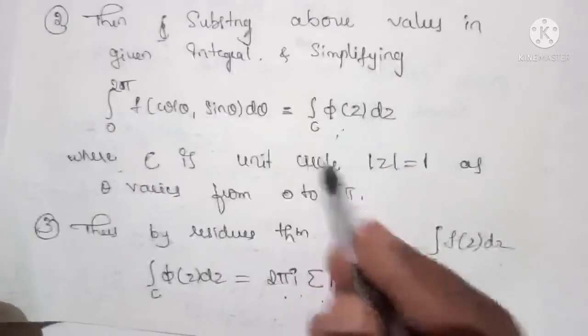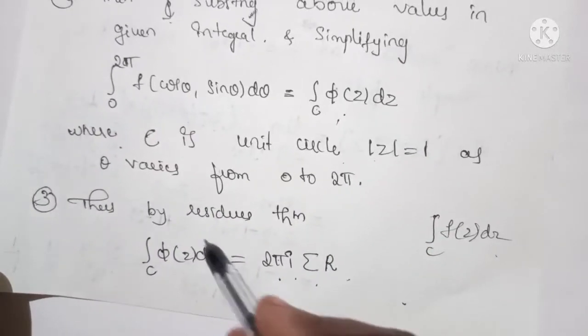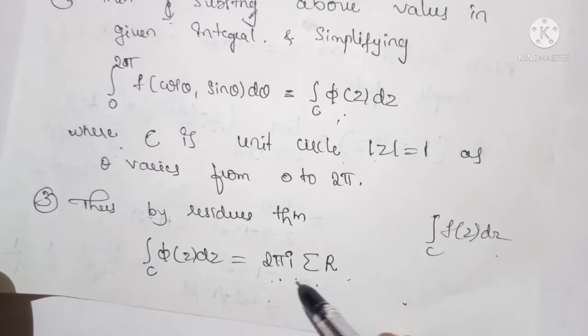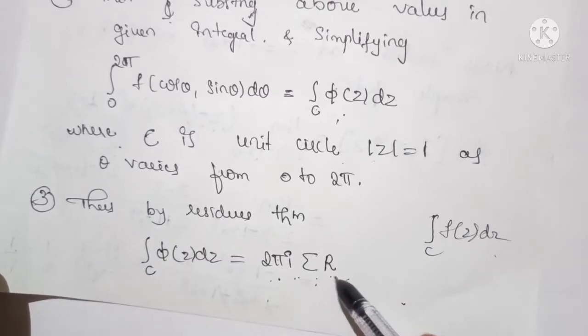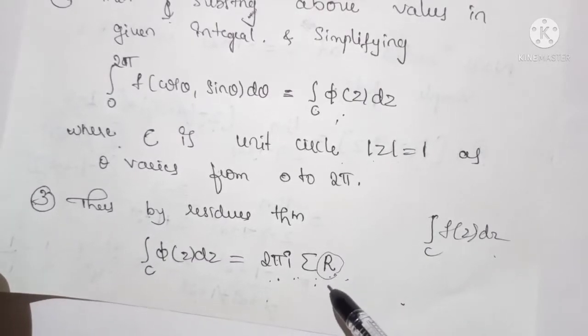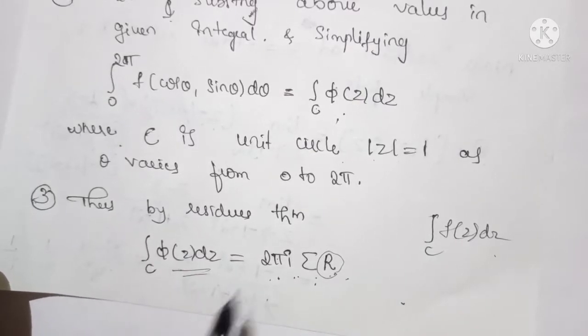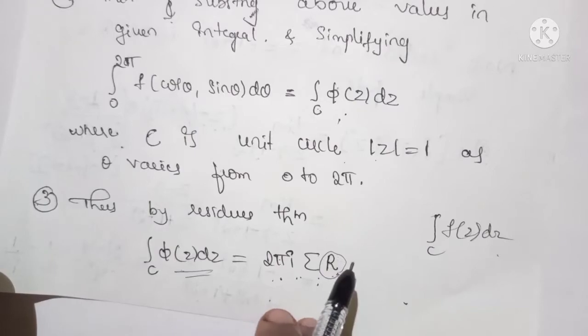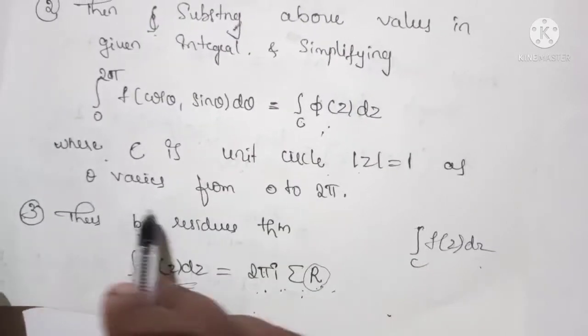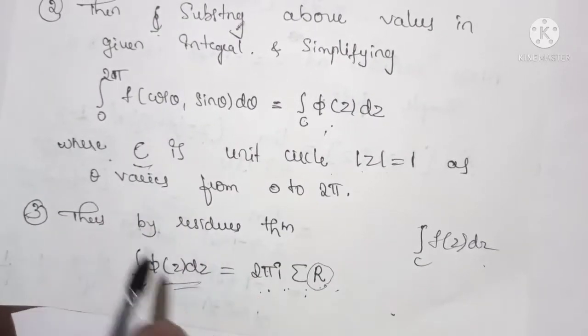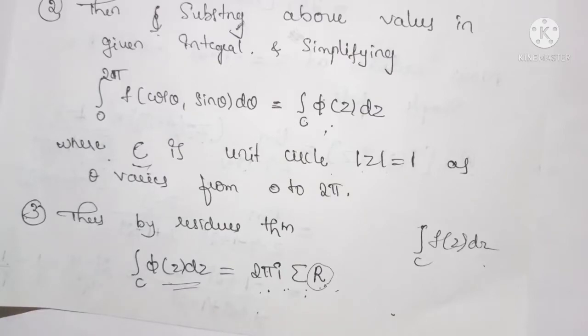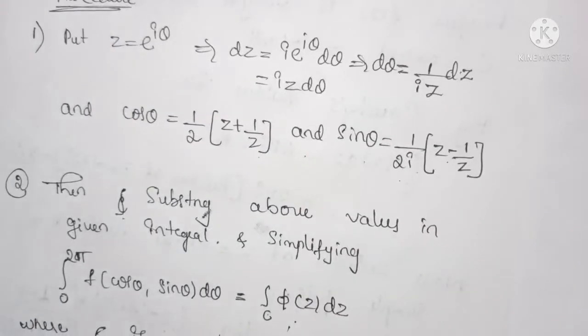It can be evaluated by Cauchy's residue theorem, that is 2 pi i times the summation of r, where r are the residues of the given function at the poles which lie inside c. Only those poles which lie inside c are considered. If you solve one problem you will understand.